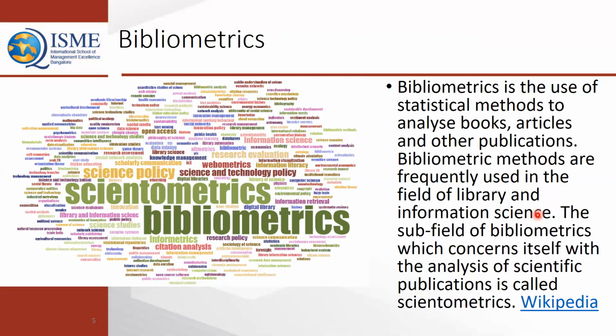The popularity of it will continue to increase. The subfield of bibliometrics, which concerns itself with the analysis of scientific publications, is called scientometrics. So it is bibliometrics, or more specifically scientometrics, that we are talking about. And this is what this series of presentations will cover.